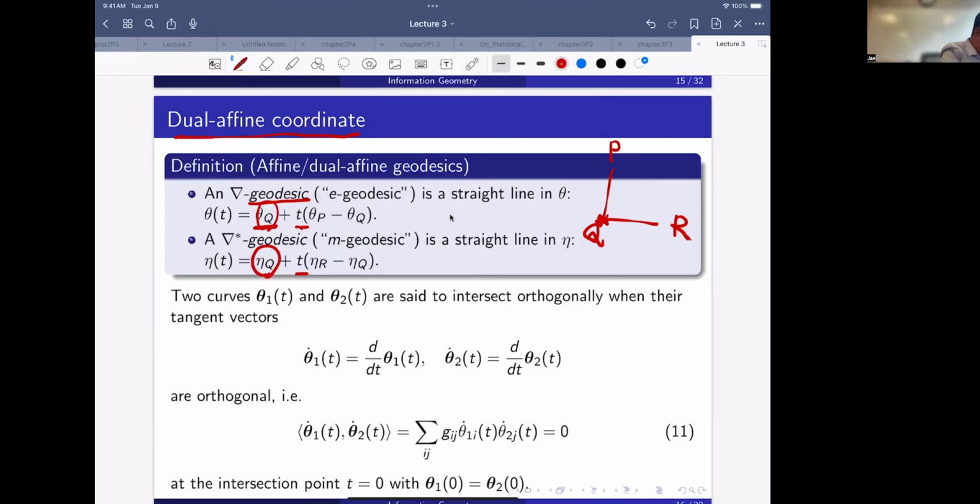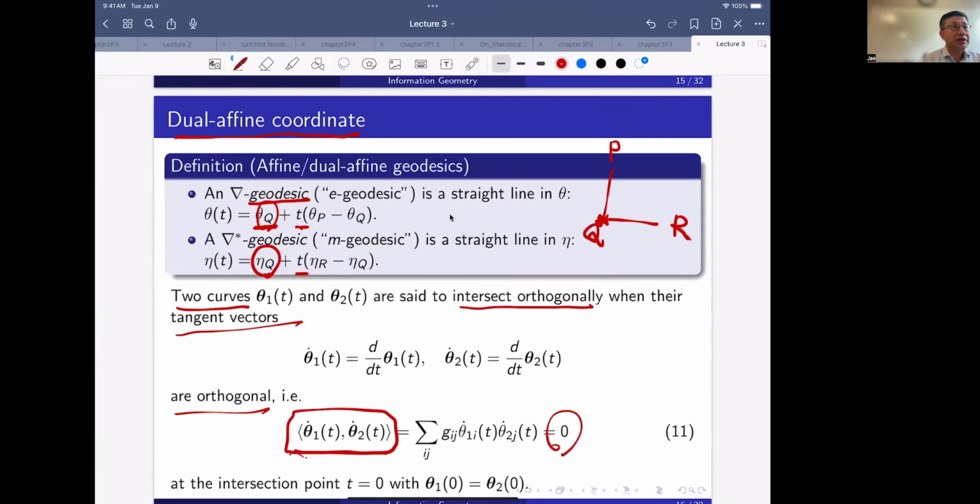So curve. Two curves are said to intersect orthogonally when their tangent vectors are orthogonal, right? Remember. So that means we need this inner product to be equal to zero. But this inner product on this geodesic line, in information geometry, should involve G_ij, which is the metric, right?